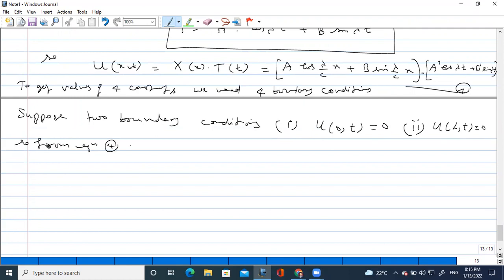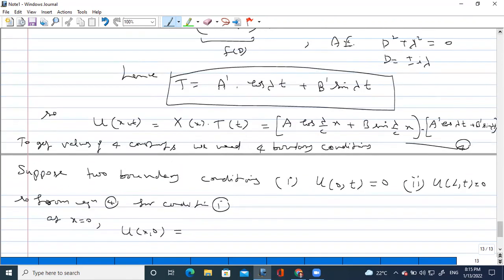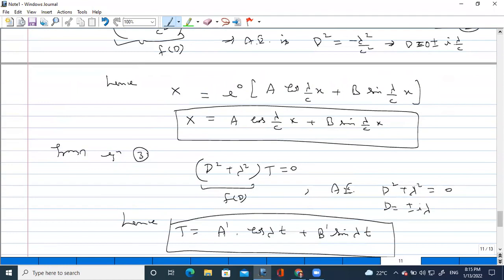From equation 4, for condition 1, at x equal to 0, u(x,0) will be equal to, put it here, x equal to 0. So sine 0 will be 0, only A will be left. Okay, I can do one thing. I can apply this condition not in equation 4, but in equation number 2 and 3.